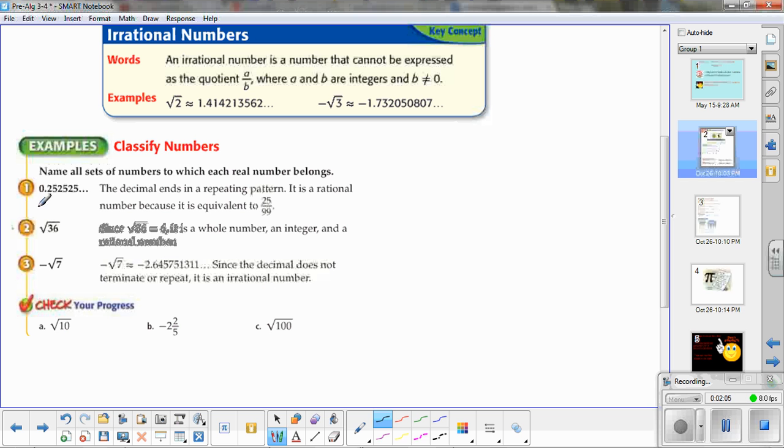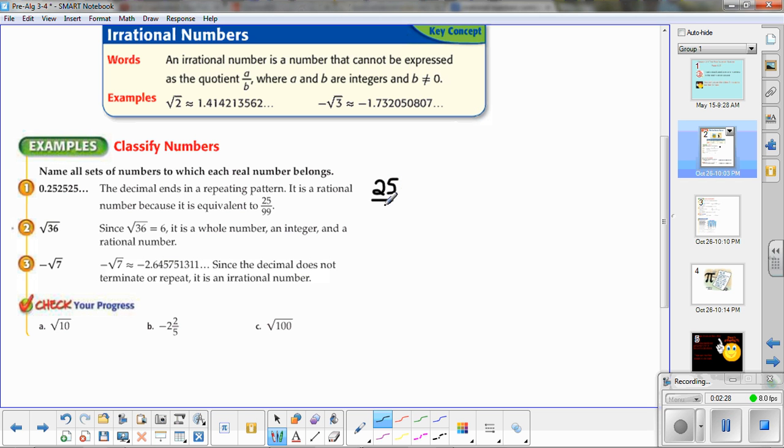In the first example, 0.252525, the decimal has a repeating pattern, therefore it's a rational number. Since it's repeating, we can write it as a fraction. If you remember back in Chapter 2, if you have 2 digits repeating, it's over 99.